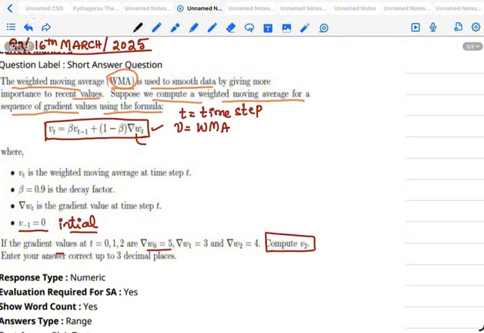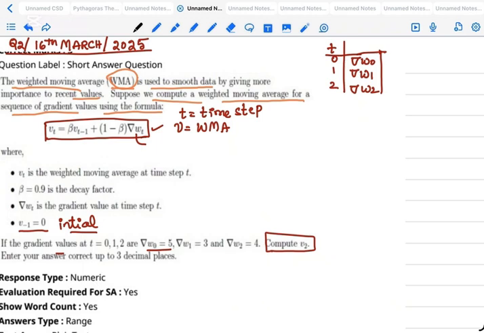So gradient values are given at t equals 0, 1, 2: delta W0, delta W1, delta W2. Delta W means the derivative of the weight vector at time step t, and the partial derivative is called the gradient.